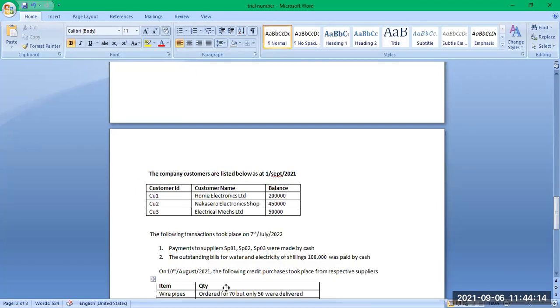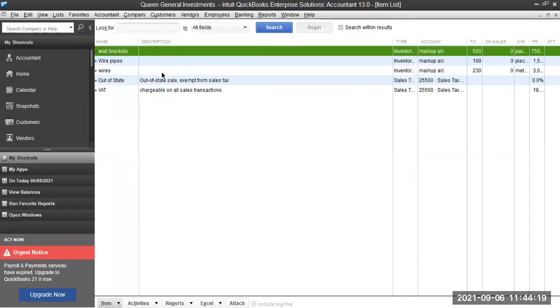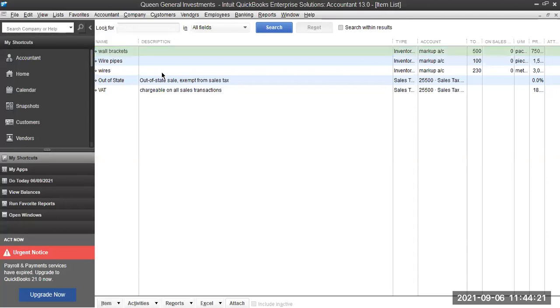Where do we go to capture the customers? Why do you fill in the description and the income account? You can decide to say that it is under the sales account.